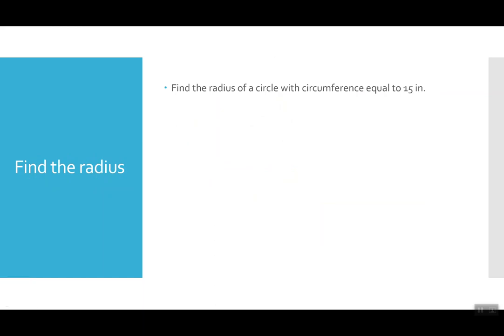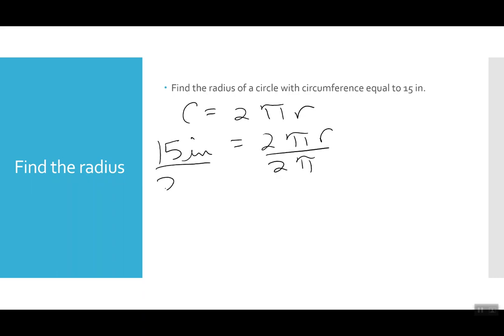In this question, we want to find the radius of a circle with a circumference equal to 15 inches. Now remember, circumference is 2 pi r. So we know our circumference is 15 inches, and that's equal to 2 pi r. You want to divide both sides by 2 pi, so we're isolating the radius.